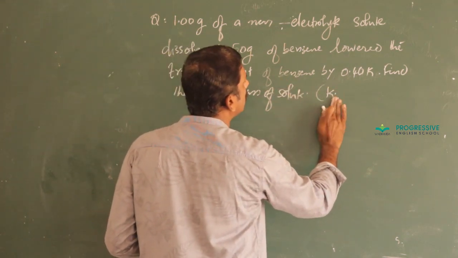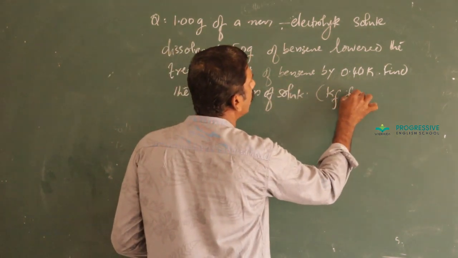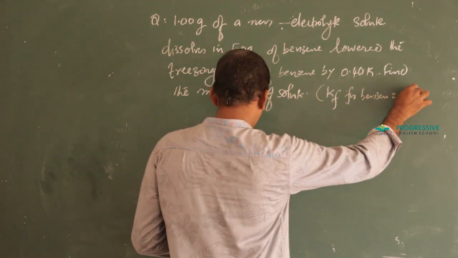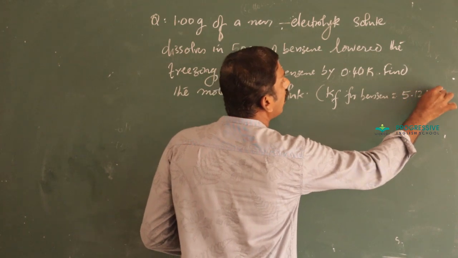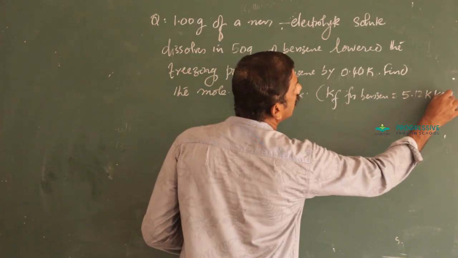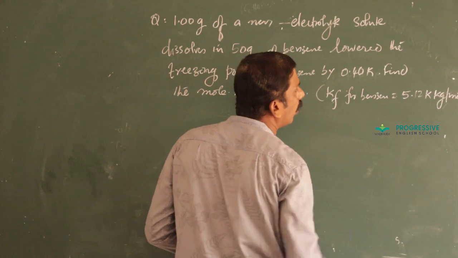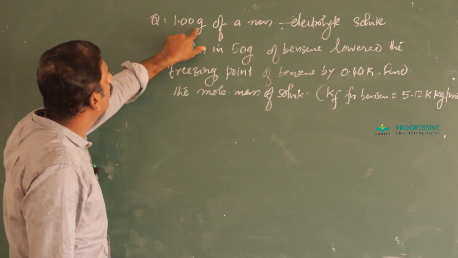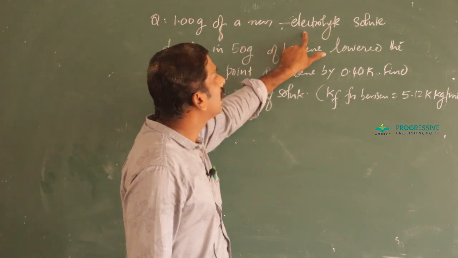Here the solvent is benzene, therefore Kf for benzene is 5.12 Kelvin kilogram per mole.